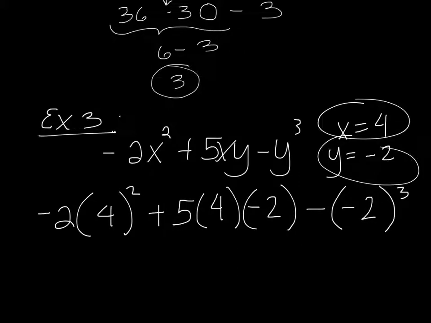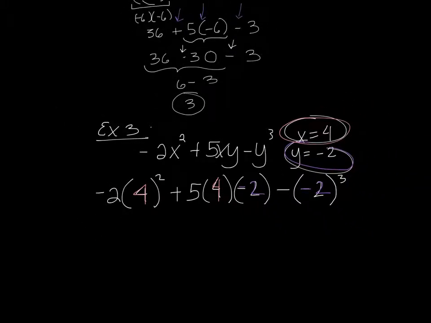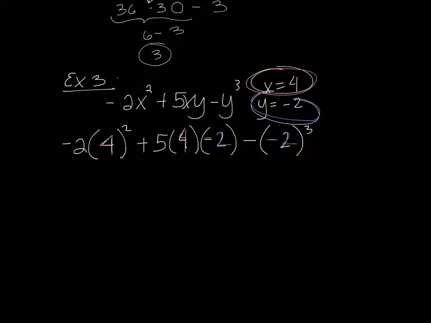So here my x is pink and my y is purple. So there's my y and there's my x. Let's perform the order of operations. Anything I can do within the parentheses? No, it's just 4, right? It doesn't say 4 minus 3 or 4 minus 1.